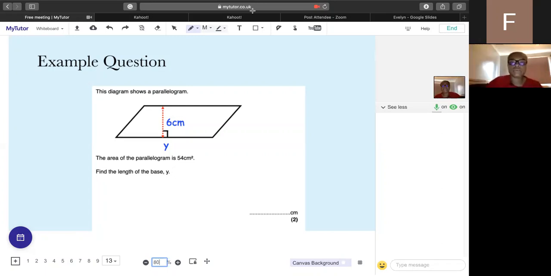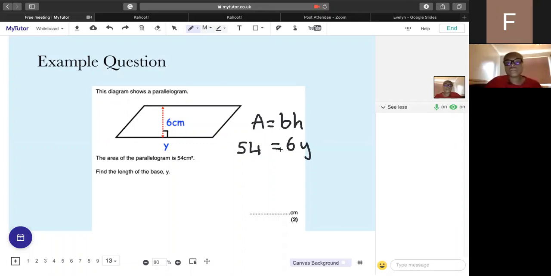Now, first of all, we should remember our formula for the area of a parallelogram. It's just base times height. So we know that our area, which is 54, equals our base multiplied by our height, which is 6. So that will be 6 times y, so this is 6y. Now we just have an algebraic equation, which we're going to rearrange to solve for y.